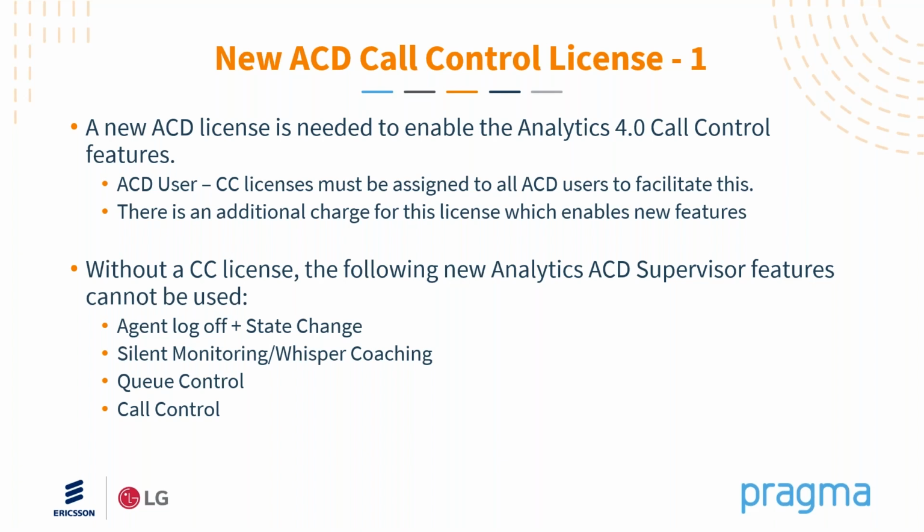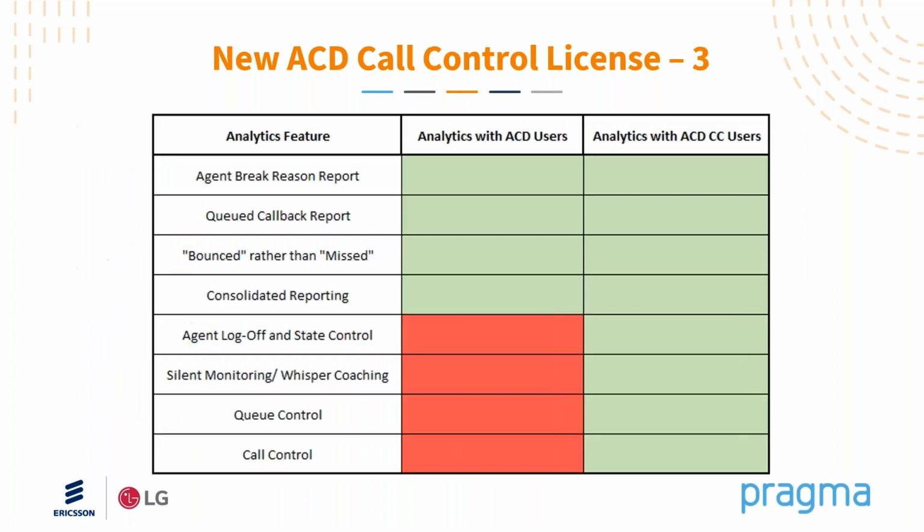Like I say, this is all on the new license that there is an additional charge for, and something to remember is that you can't have a mix of the existing ACD group user as well as ACD CC. It's got to be either all ACD group user, the current license, or all on ACD CC, which is the new license type. I've got a slide here that compares the two and what this gives you.